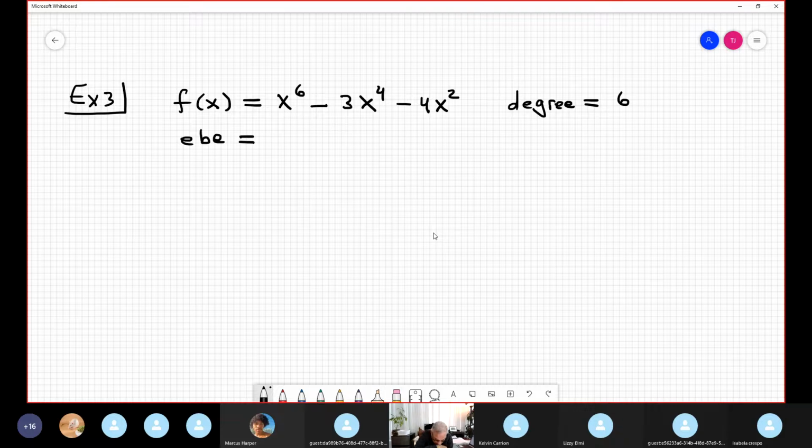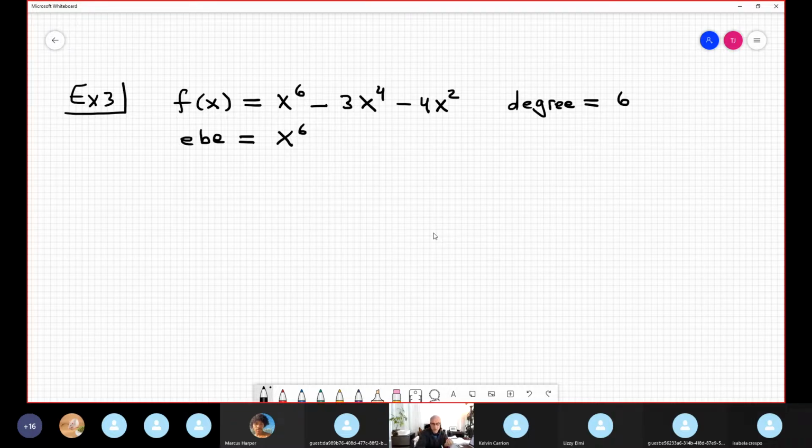Increasing or decreasing? Come on, help me. End behavior expression. Nobody knows that? Sure? Wow. X to the 6th. Absolutely. It is the monomial that contains the higher degree.